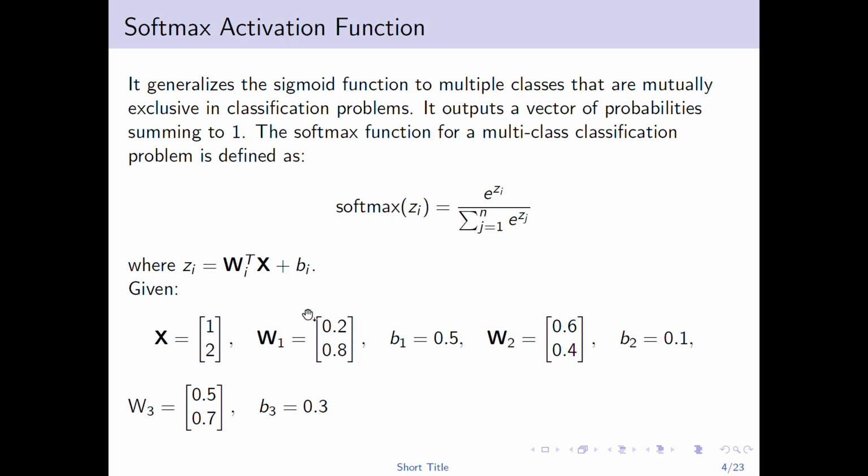Now suppose the values corresponding to the inputs, the weights and the bias are given by these matrices. So x is equal to 1, 2, and the weight matrix that is coming to the first neuron, let it be 0.2 and 0.8, and the bias associated with it be 0.5.